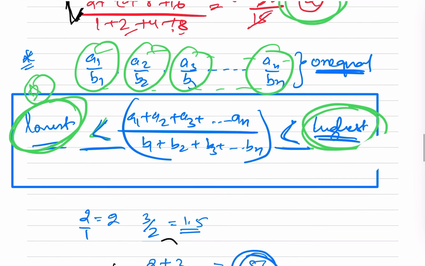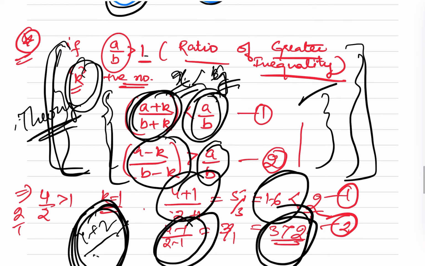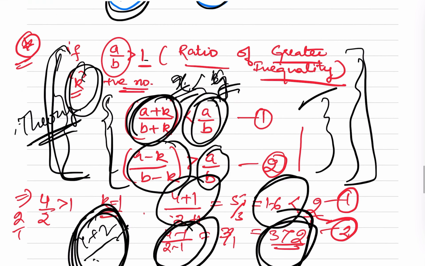Then we also discussed if they are unequal, then the range lies between the lowest and the highest of the ratios, right? And then I talked about one of the important results which we derive here: if a by b is greater than 1, then always remember that a plus k upon b plus k will always be less than a by b, whereas a minus k upon b minus k will always be greater than a by b.